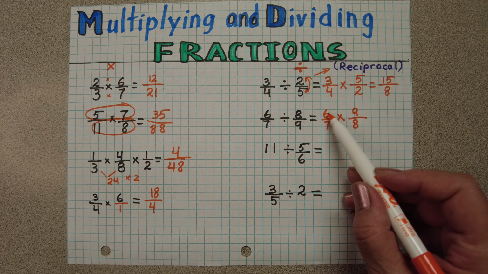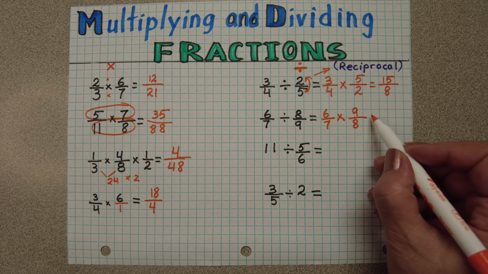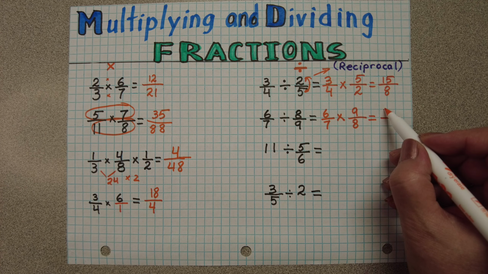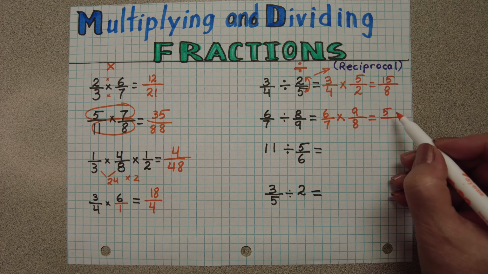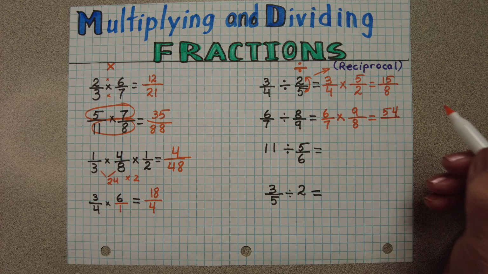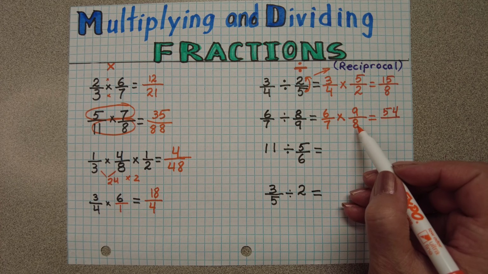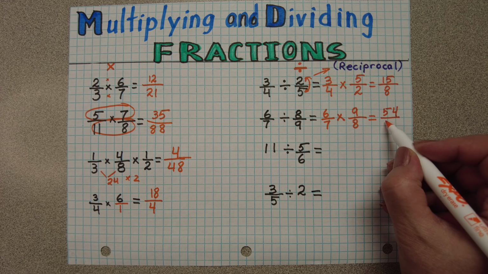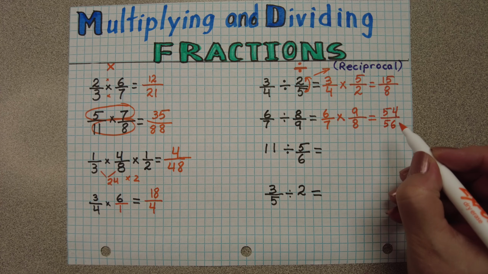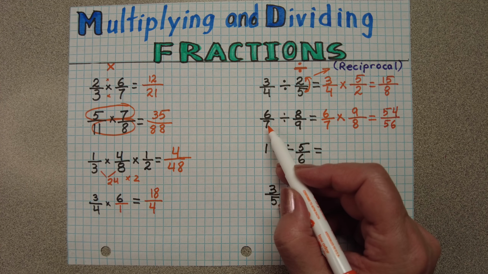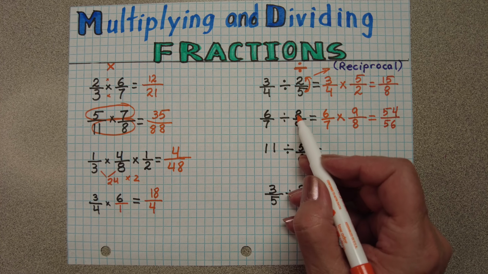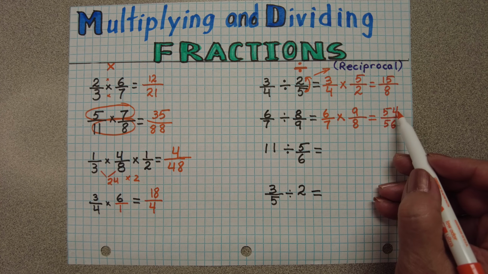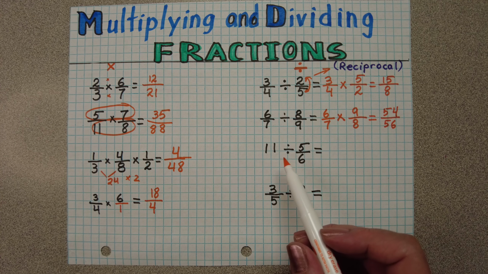So now 6 times 9 equals 54. 7 times 8 equals 56. Now we divide it. 6 over 7 divided by 8 over 9 equals 54 over 56.